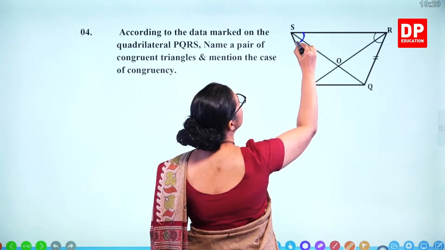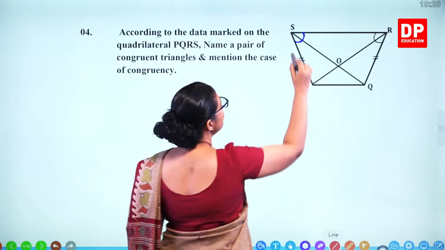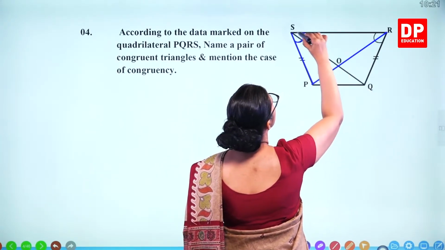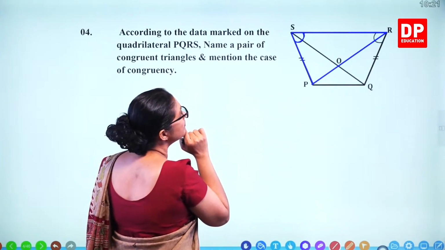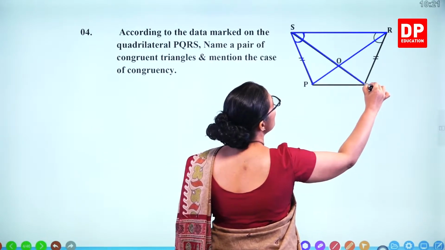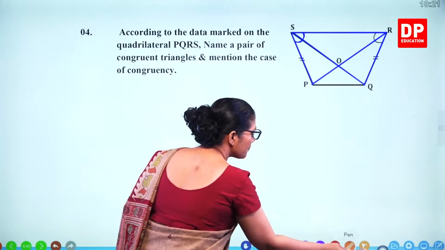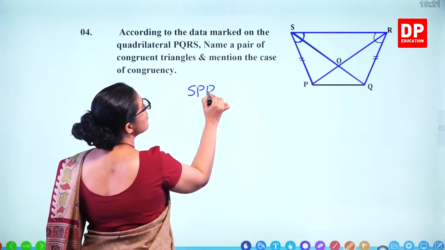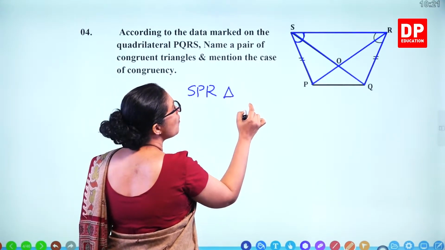So we'll take the SPR triangle and the SQR triangle.